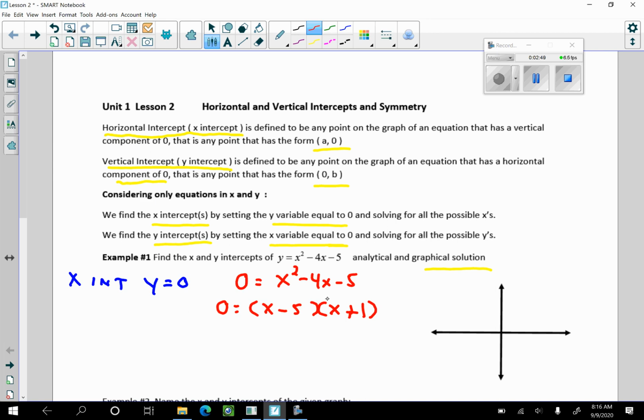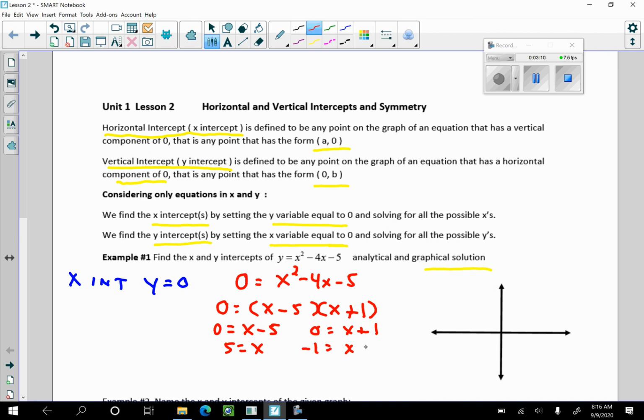Now I'm going to use the zero product property, and this tells me that 0 is equal to x minus 5, or 0 is equal to x plus 1. That tells me that 5 is equal to x, and -1 is equal to x.